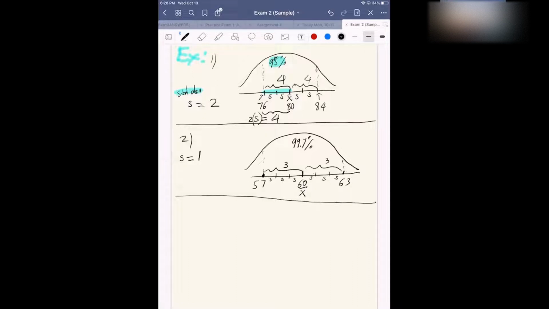Let's see. Let's try another one. Case 3. I'm going to give you the mean to be 90. And I'm going to give you, how about this one is 68%.